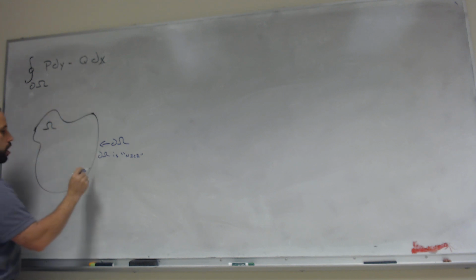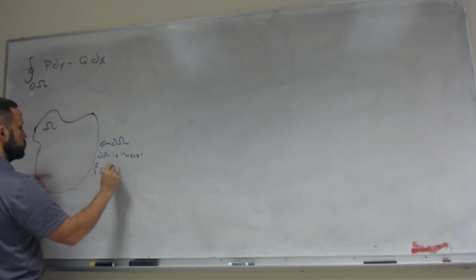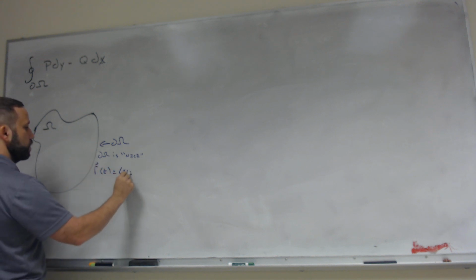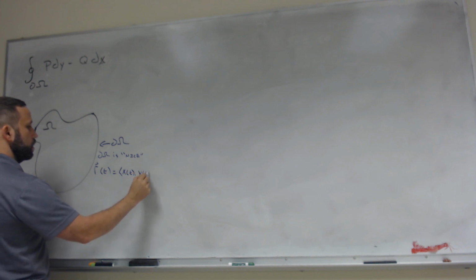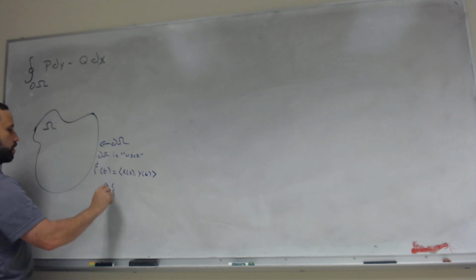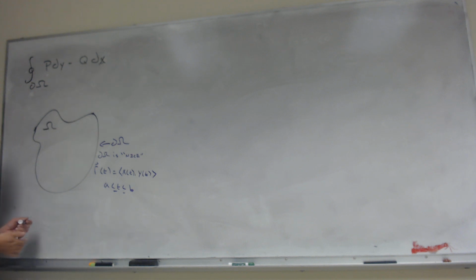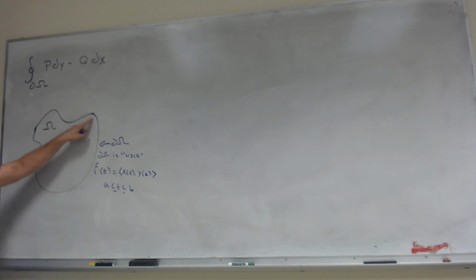Let's say that r of t is a vector parameterization for this curve, and let's say the parameter goes from a to b. So in other words, the r of a vector goes here, and then as we travel around the curve, it traces it out and ends back there at r of b.